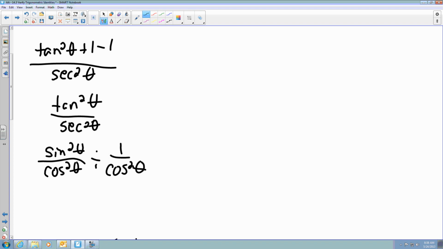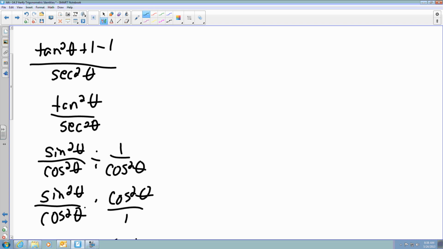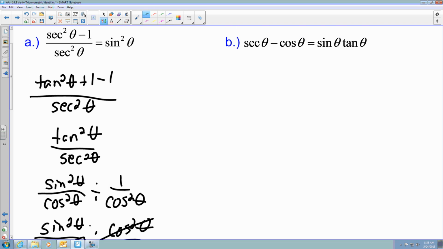So when I divide a fraction, I'm going to take sine squared theta divided by cosine squared theta, and multiply it by its reciprocal, which is cosine squared theta over 1. And then I just cancel out my 2 cosine squared theta, and I'm left with sine squared theta, which is what is on the other side of our equal sign.